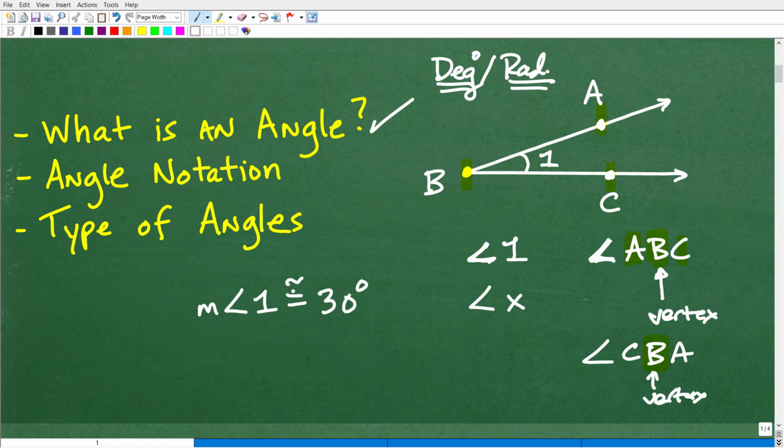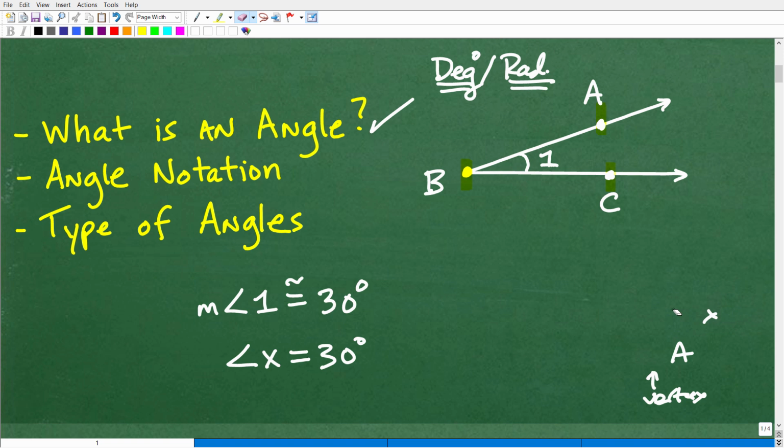It all depends on the textbooks and how people are teaching this. But when we're talking about angle measurement or lengths and whatnot, you are talking about congruency. Sometimes you'll see this particular notation. Other times you'll see the equal sign. But basically, what you want to do is put this little M in front of the angle. Very common way. Sometimes you'll see it this way, like angle X is equal to 30 degrees. If you see it in this particular way, stylistically, that's fine as well. Now, let's go back and talk about this other way of writing angles.